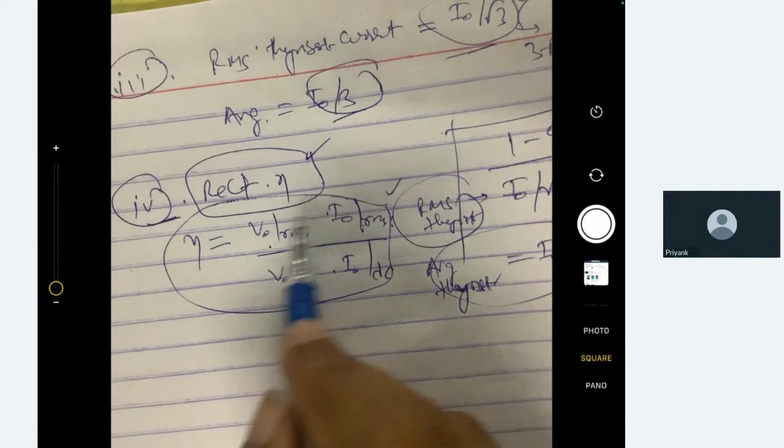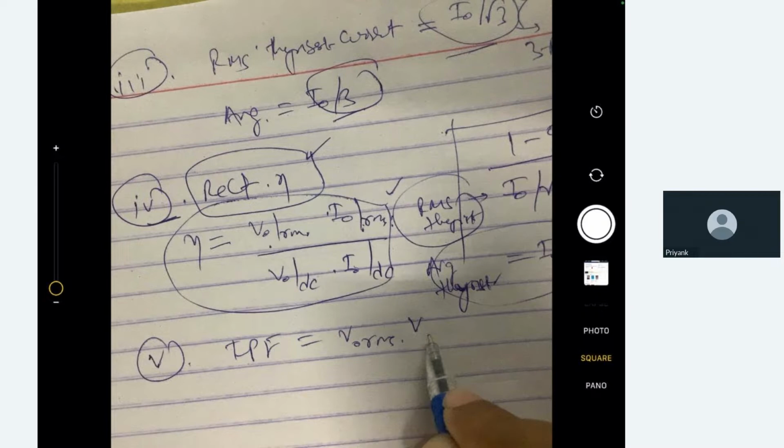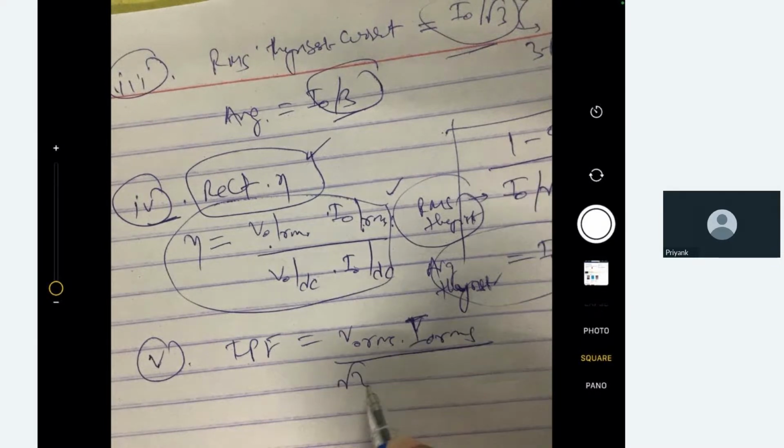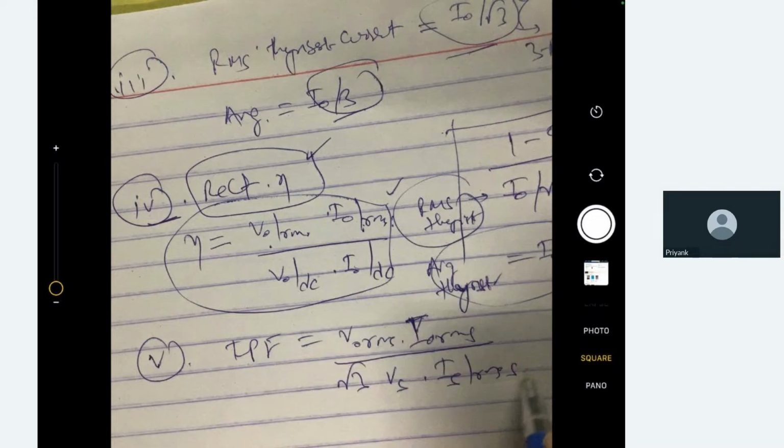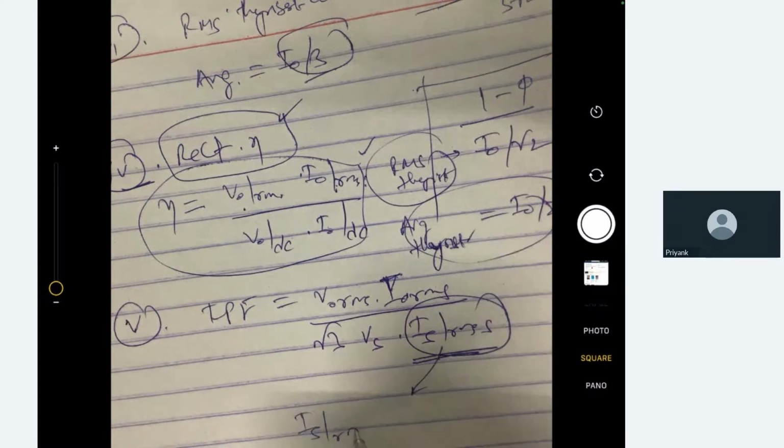The fifth part is input power factor. That is equal to V output RMS into I output RMS divided by under root 3 Vs into Is RMS. Now this Is RMS comes: what will be the value of the source current RMS value?